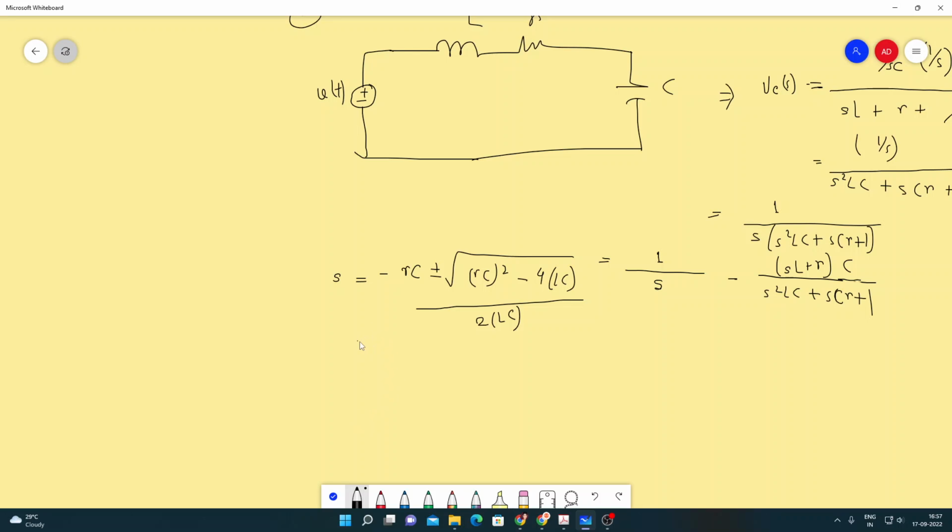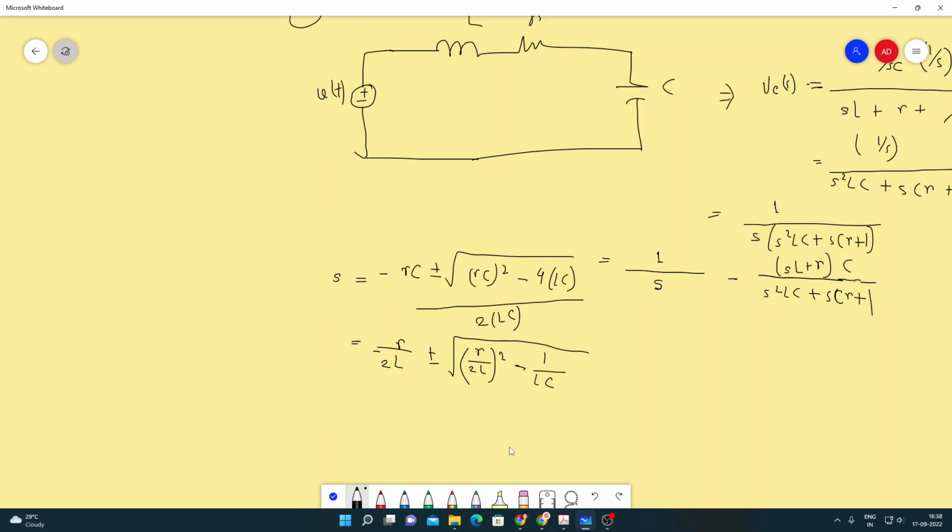So I can simplify it: S equals minus R by 2L plus minus root over R by 2L whole square minus 1 by LC.